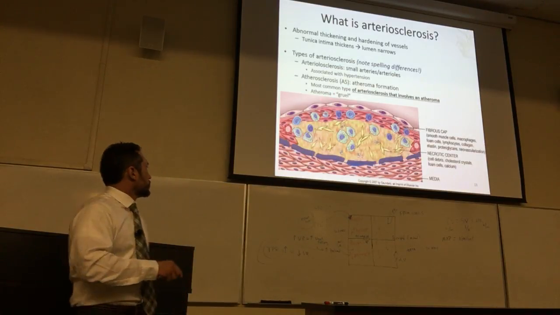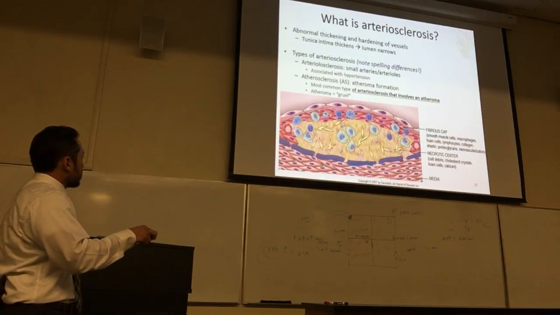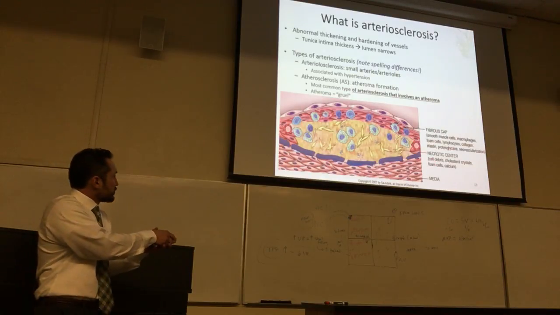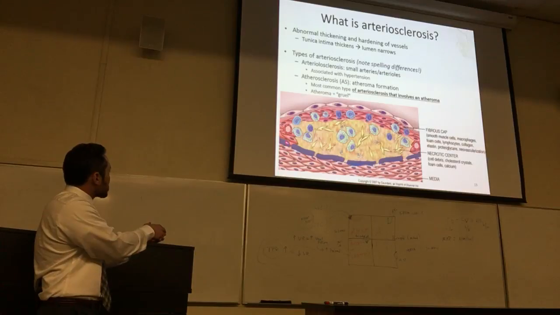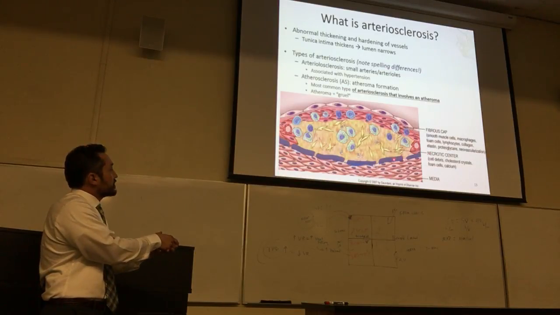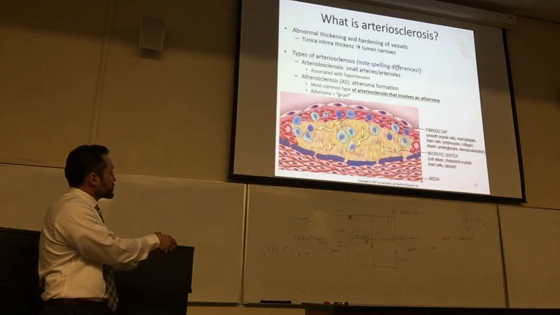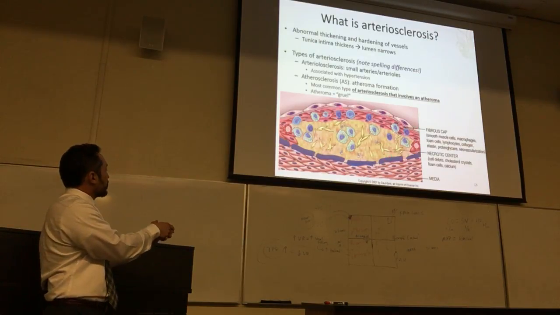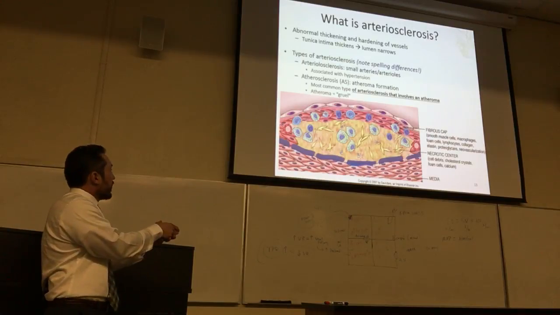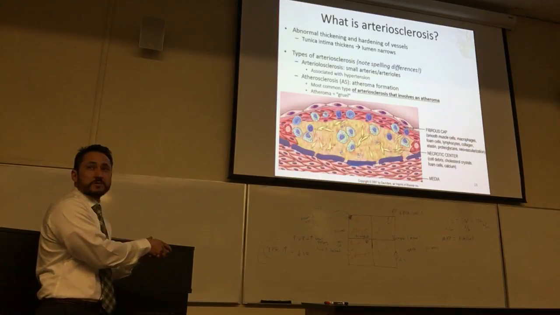And the gruel that you see is made up of all sorts of components. So here's our blue dotted line. This is our internal elastic lamina, and above this, on the luminal side, is supposed to be a thin layer of endothelium. That's the endothelium right out there, and all of this thickening isn't supposed to be there.